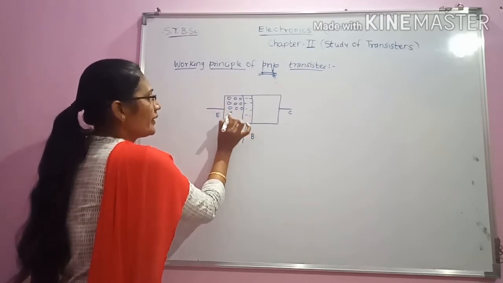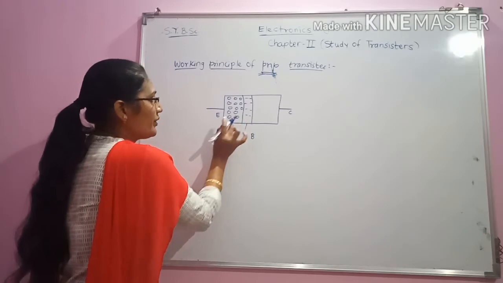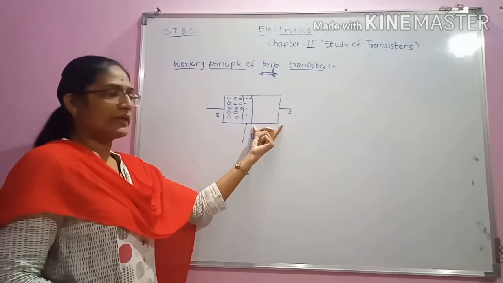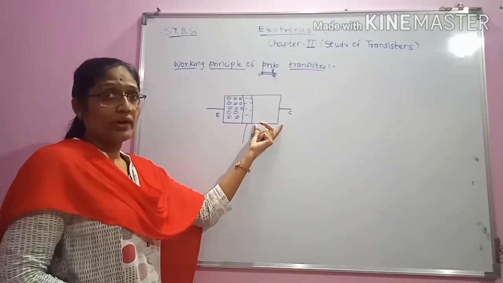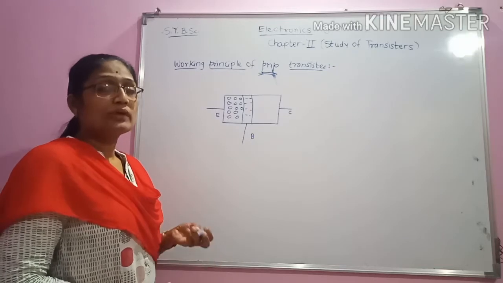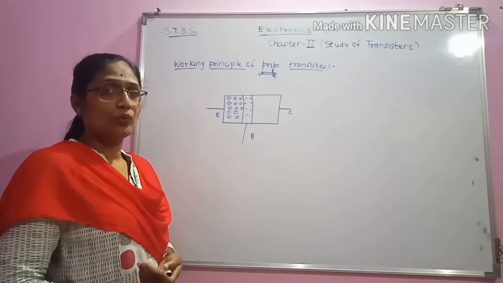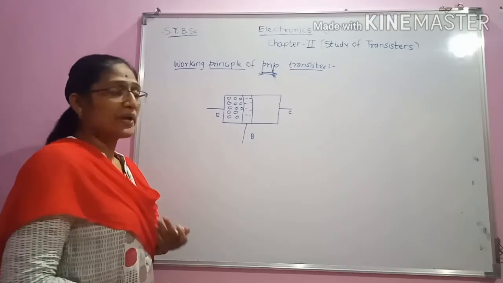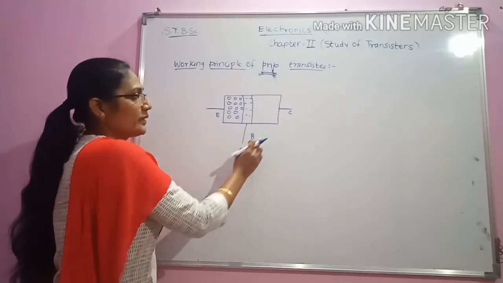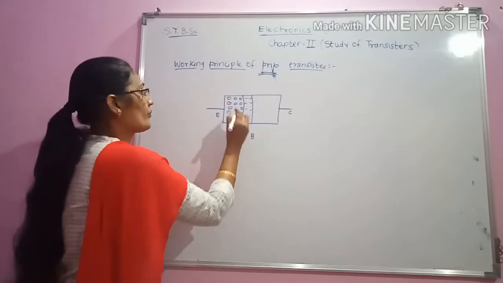If we compare the length of the emitter section and the collector section, the length of the collector section is more, in order to dissipate heat and to collect the maximum number of holes passing across the collector base junction.